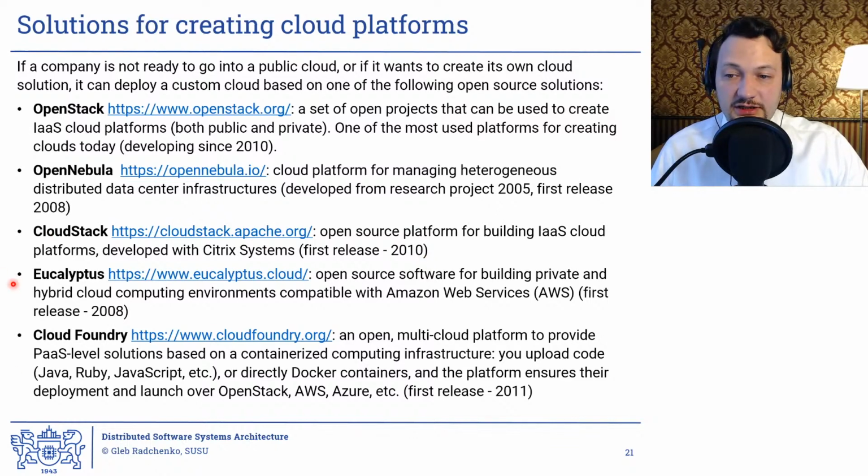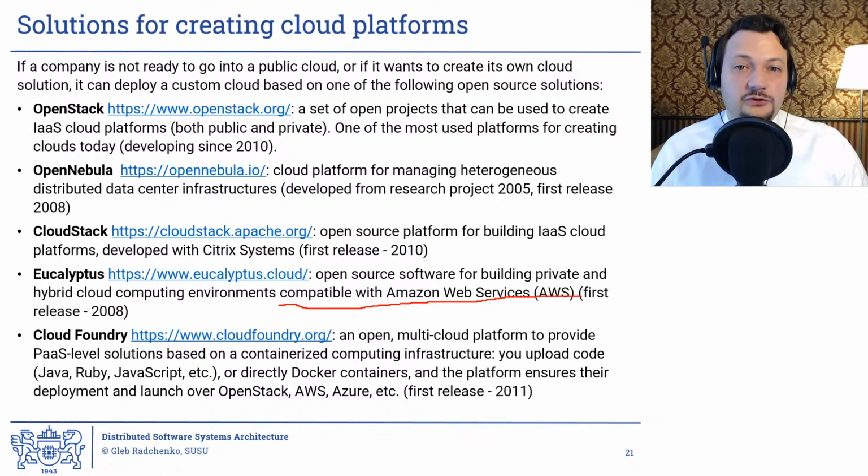In the end, I wanted to discuss these two platforms. They are somewhat specific. Eucalyptus is also an open source software platform for building cloud computing solutions. You cannot easily distinguish it from the others, but one feature that it provides is compatibility with Amazon Web Services.